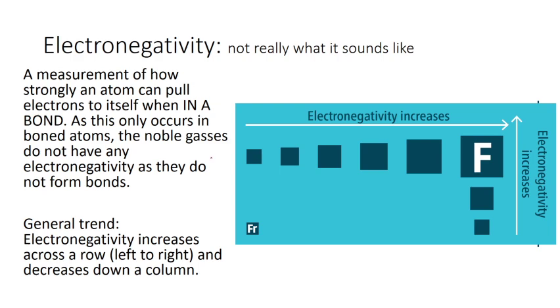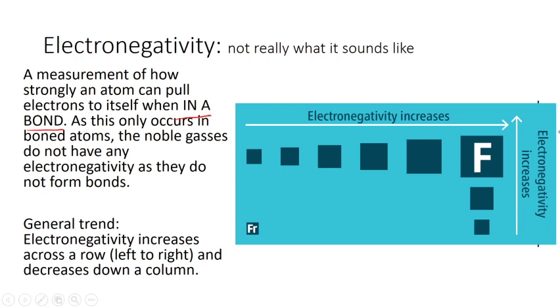So the last one that we'll talk about is electronegativity. What this is, is a measurement of how strong an atom pulls electrons to itself when it is in a bond, right? Those words are really important. Why? Because this only occurs in bonded atoms.